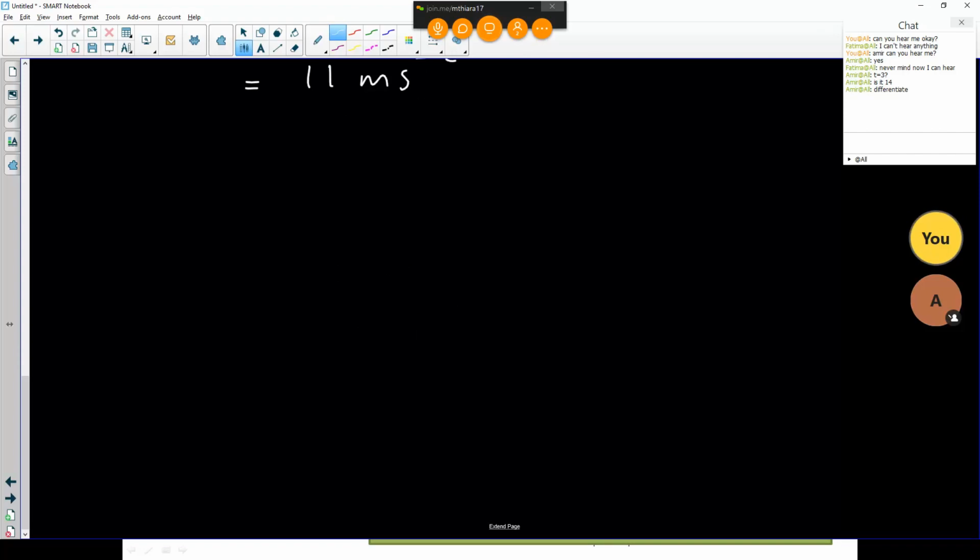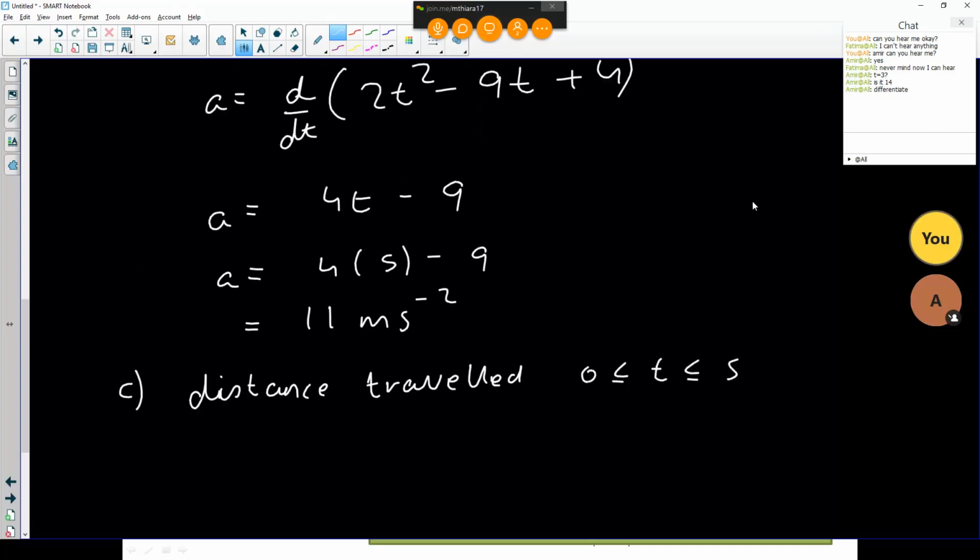So for part C, distance travelled between t equals 0 and t equals 5. Well, distance travelled, we know from today's learning, is the area underneath the velocity time graph, now between t equals 0 and t equals 5.